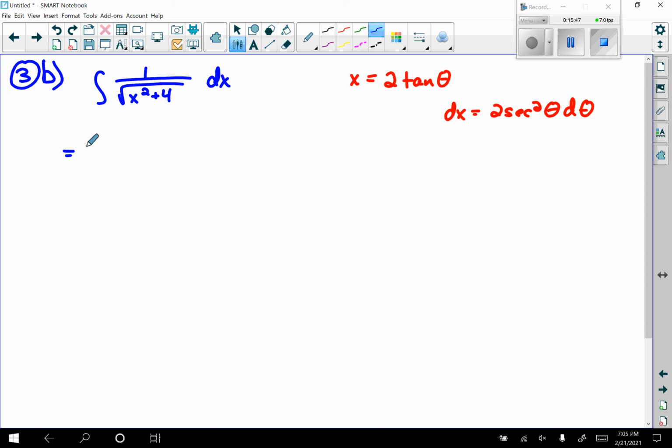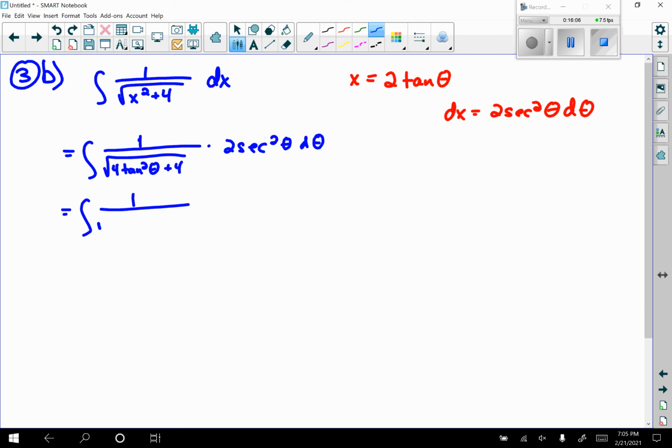So now I'm going to go ahead and rewrite this as 1 over, if I square 2 tangent theta, I'm going to get the square root of 4 tangent square theta plus 4 times 2 secant square theta d theta. So I'm going to factor out a 4. So then we have 4 times tangent square theta plus 1 times 2 secant square theta d theta.